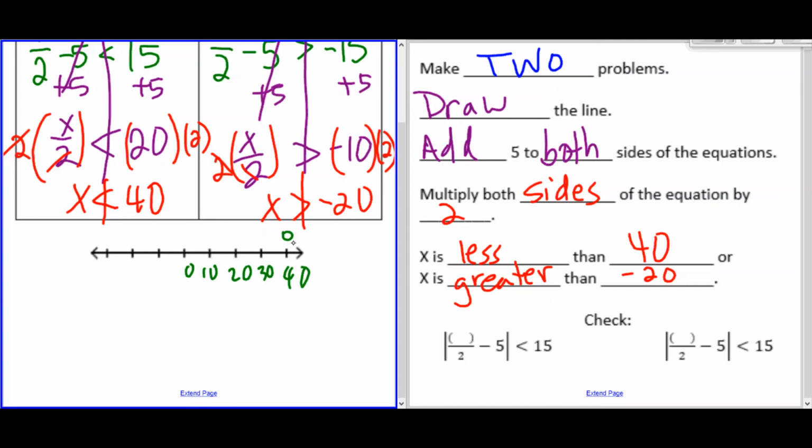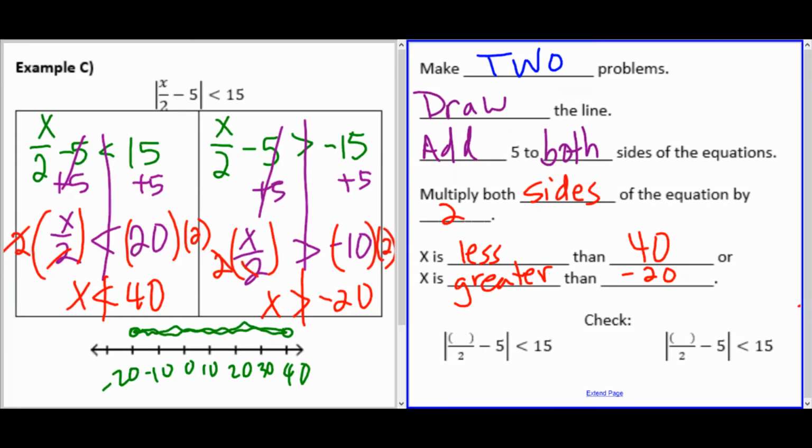So here's negative 10, negative 20. So open circle at negative 20. So I'm going to shade x is bigger than negative 20, and x is less than 40. So I'm shading everything in between the two circles. Everything that's in between the two circles is what you're going to shade.